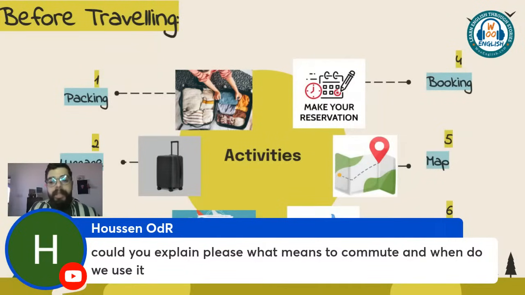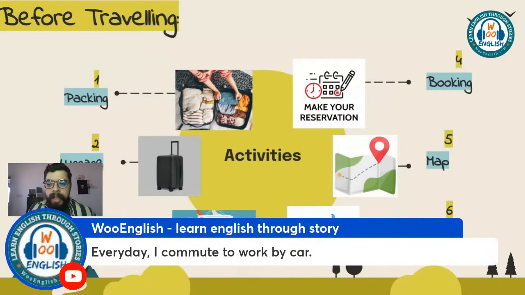So I can say, every day I commute to work by car. Unlike traveling, which is something that we don't do always. So commuting is when we go to work and come back. That small trip, we call it commute.